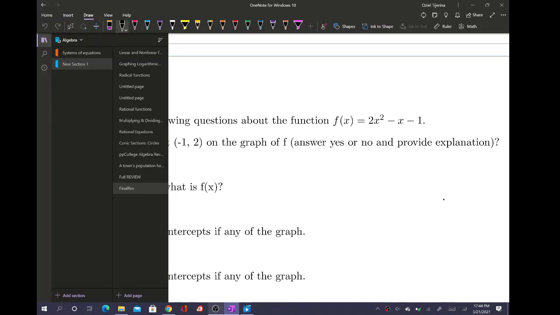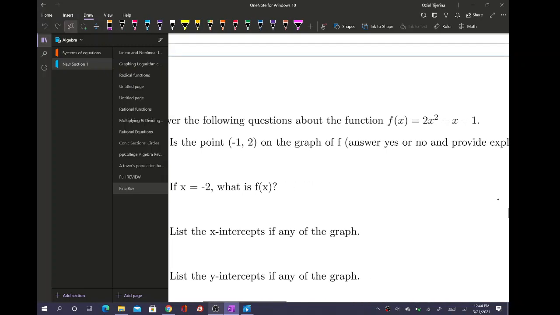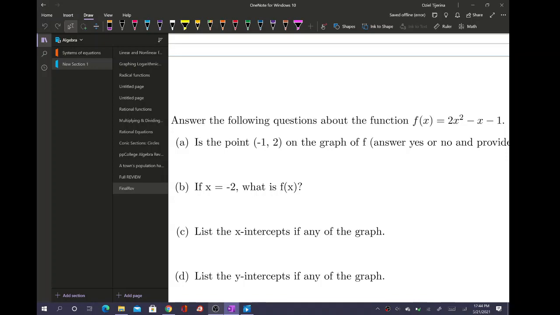So this is a parabola, obviously, and you don't have to graph it, but what you want to do is plug negative 1 in for x. So you're going to do f of negative 1 equals 2 times negative 1 squared minus negative 1 minus 1.